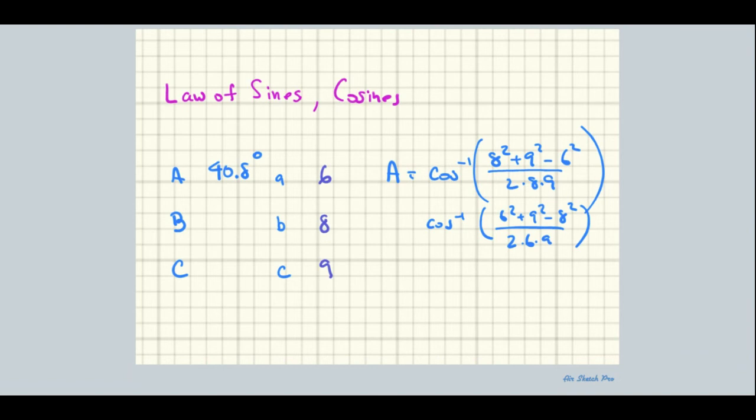So this time I'm going to take the arc cosine and open a parenthesis for the numerator, an extra parenthesis I should say. 6 squared plus 9 squared minus 8 squared, close the parenthesis on the numerator, divide, open the parenthesis for the denominator, 2 times 6 times 9, close the parenthesis on the denominator, and get an answer.